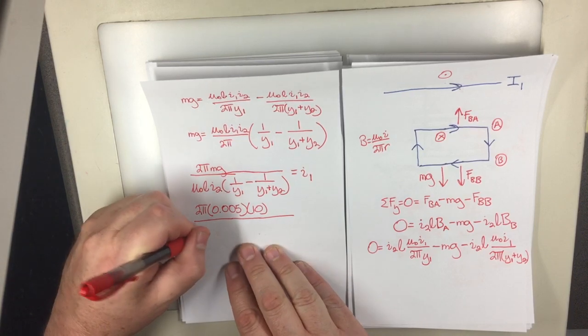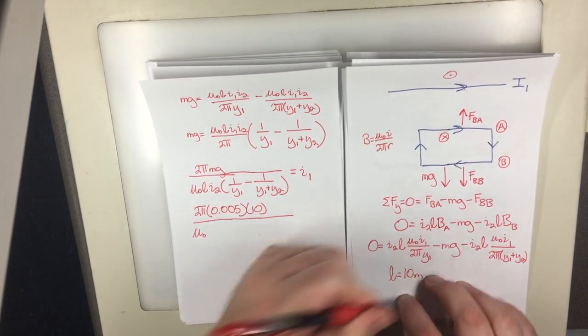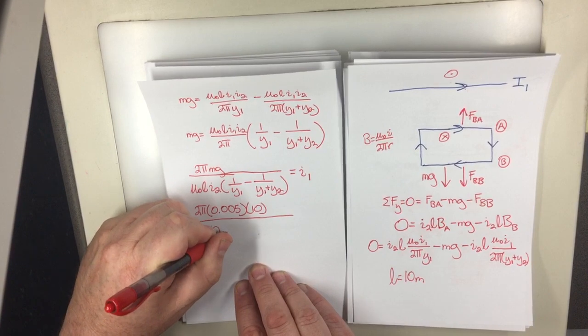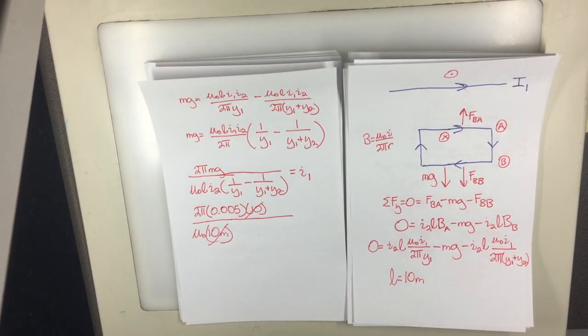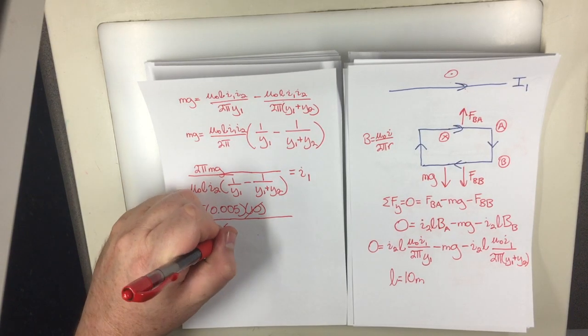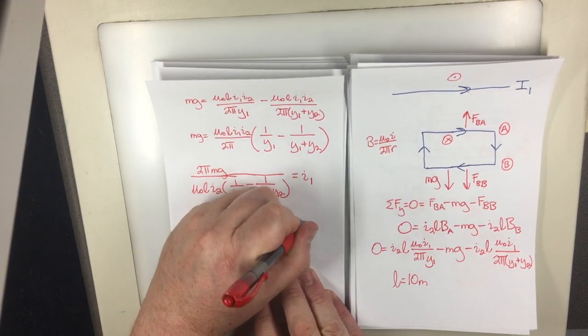L, I'm going to make it 10. So L is 10 meters, because I want that and that to cancel. I2 is 0.4, that's given. One of the few things I actually gave you for this.